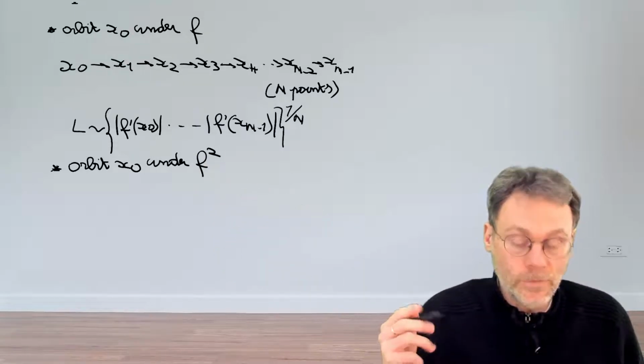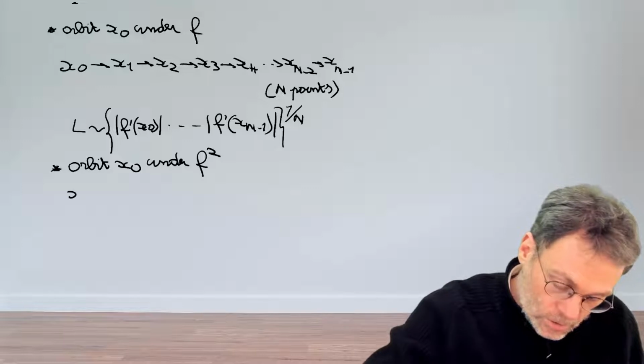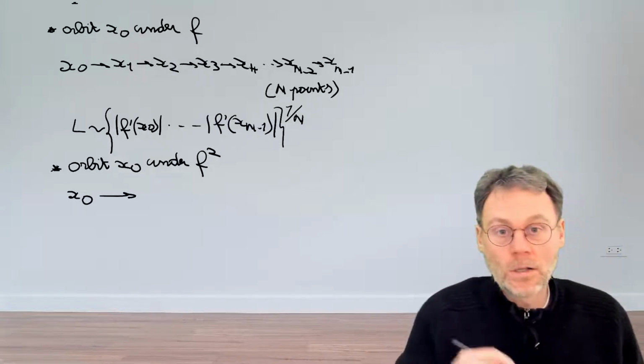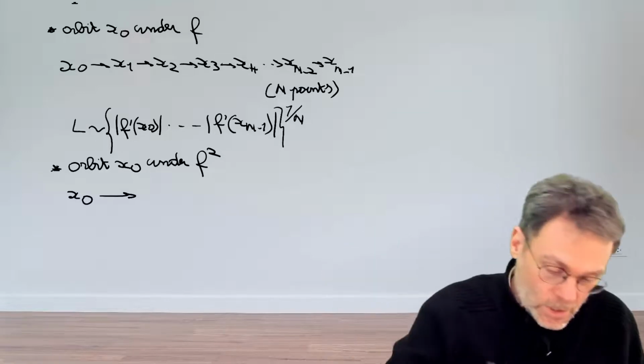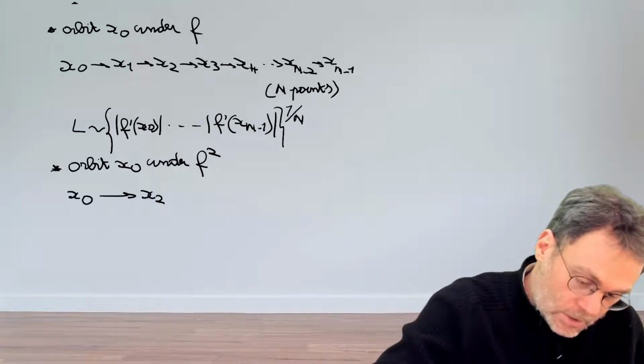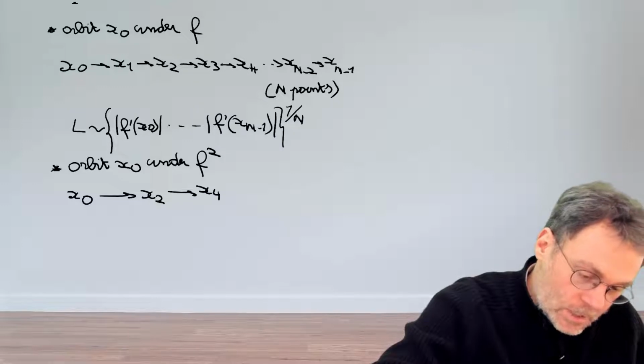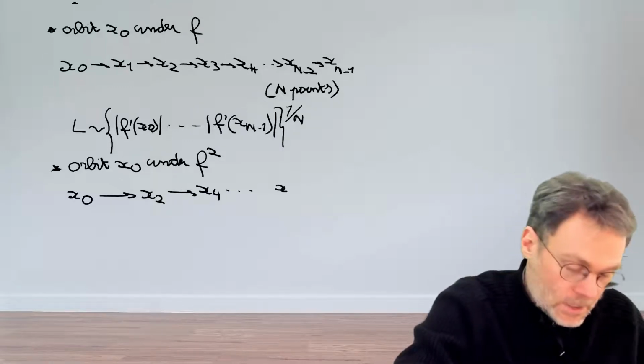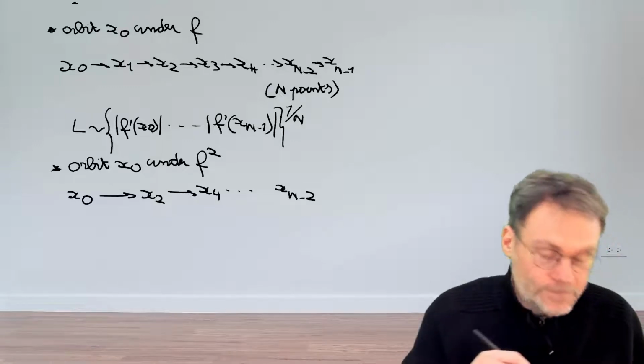Generalization is trivial. So now we start at x0, and then the first thing we hit is not x1. We skip that because we applied the map twice, and then we end up at x2, and then the next one is x4, and then the final one in our case is going to be xn minus 2.